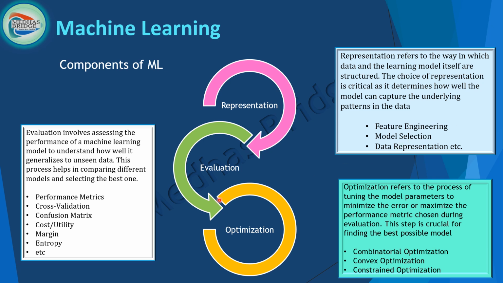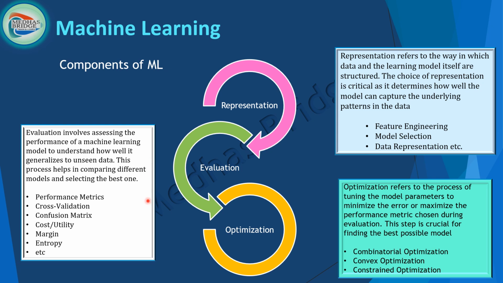Second part is evaluation. So once you have the model ready, then you have to evaluate the model. Means like you are assessing, right? Evaluation involves assessing the performance of machine learning model to understand how well it generalizes to unseen data.